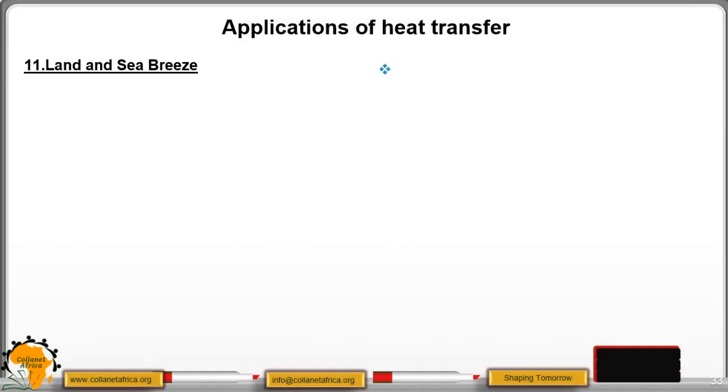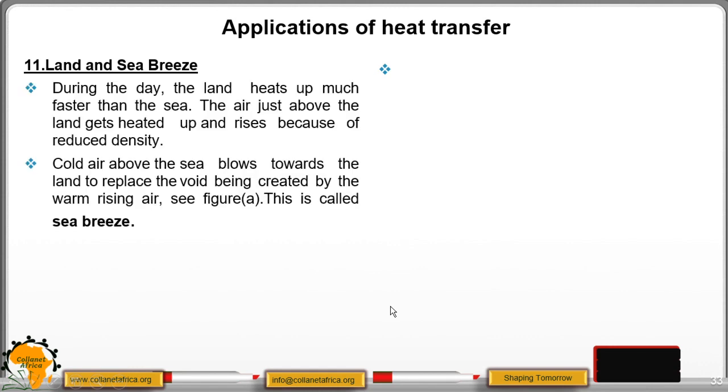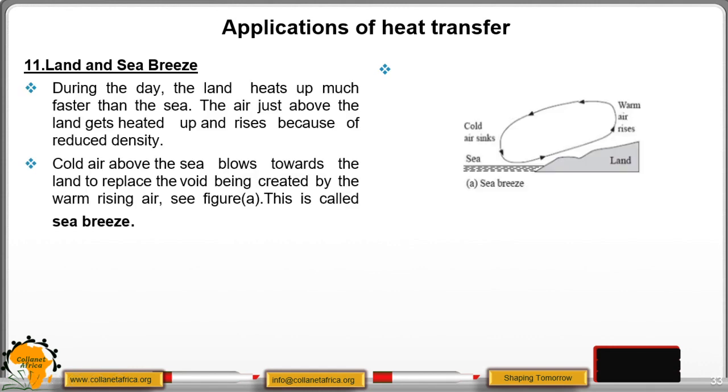Then we have another application, that is land and sea breeze. During the day, we find that the land heats up much faster than the sea. That is what we have in our diagram here. The air just above the land gets heated up and rises because it has reduced density.